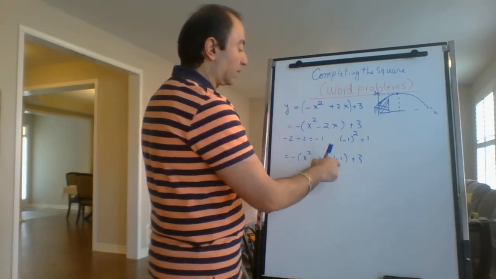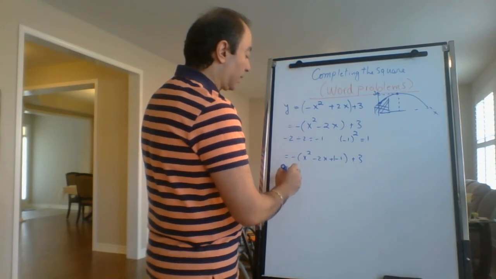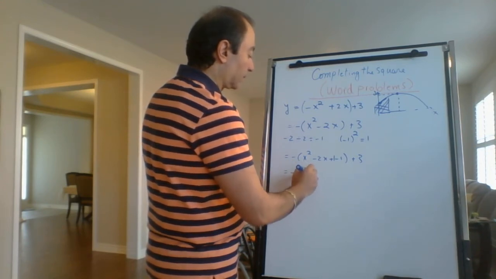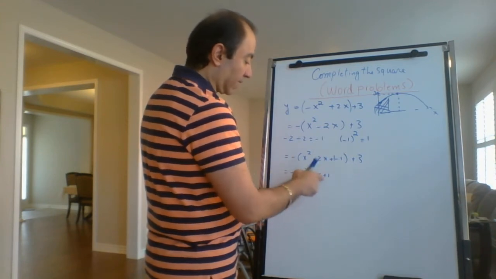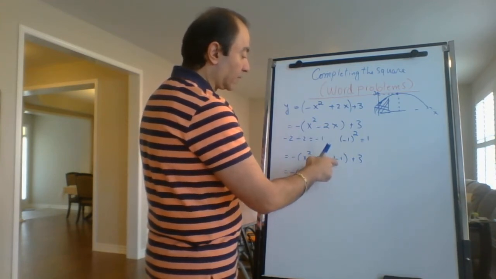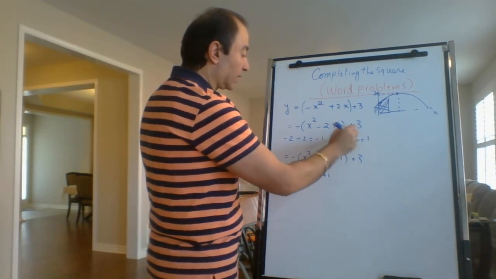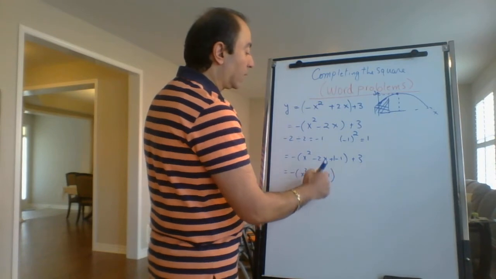So +1 -1. Now I am going to leave the positive 1 inside because this will make that a perfect square. Negative is never a perfect square. I cannot find the square root of a negative number, so I need to take the negative value out.